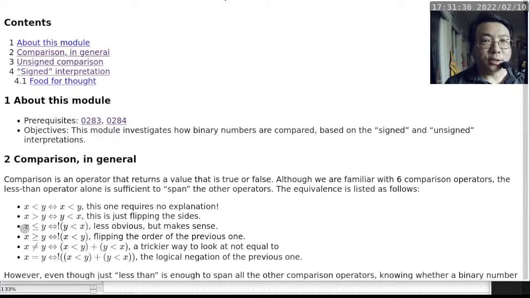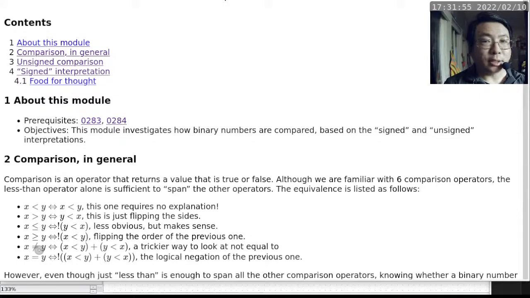If I want to see if x is less than or equal to y, it is not the case that y is less than x. If I want to see if x is greater than or equal to y, that's exactly the same as the previous one, except the order is exchanged. And then we have x does not equal y.